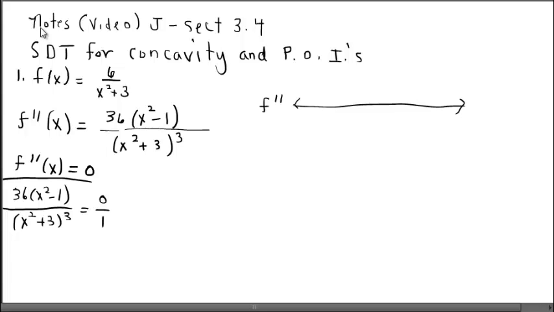Okay, cross products. I'm going to divide out the 36. And then I think we can see that we're going to have two solutions here, positive and negative 1.